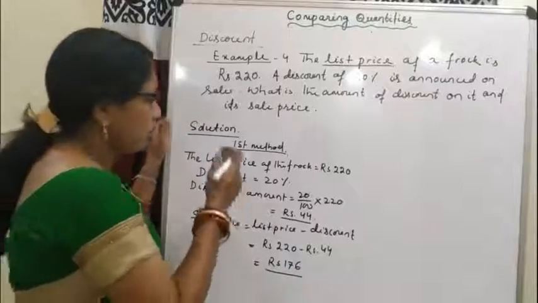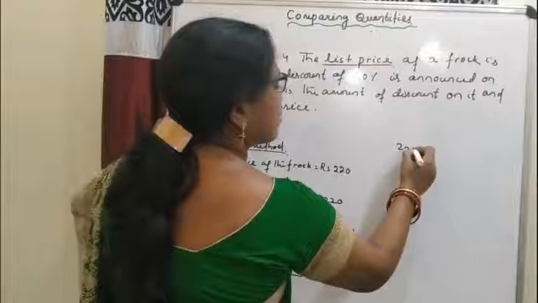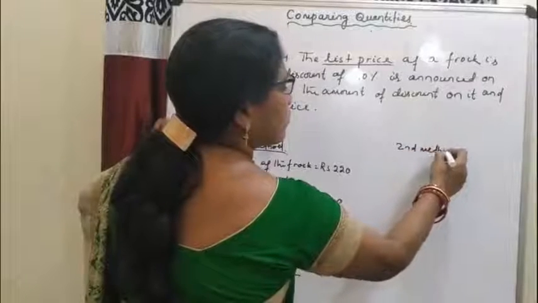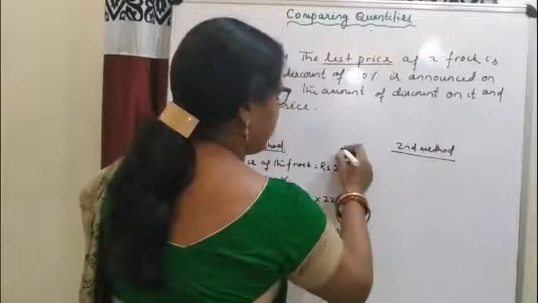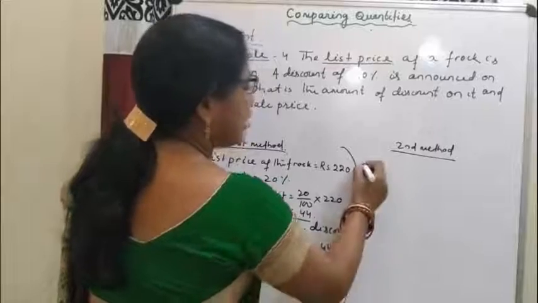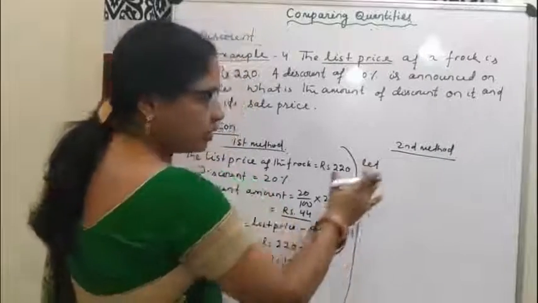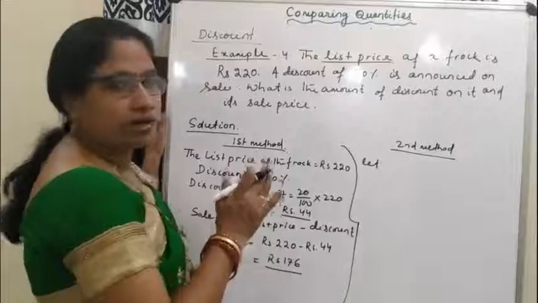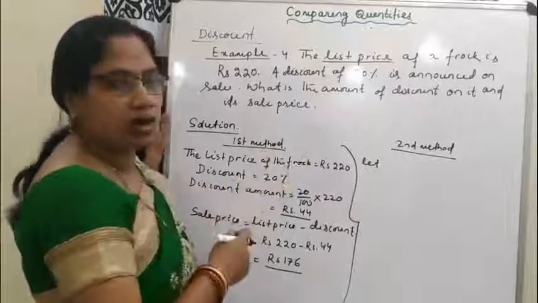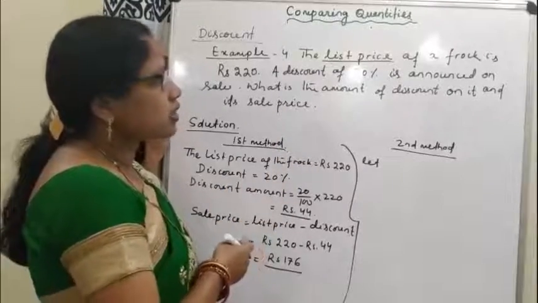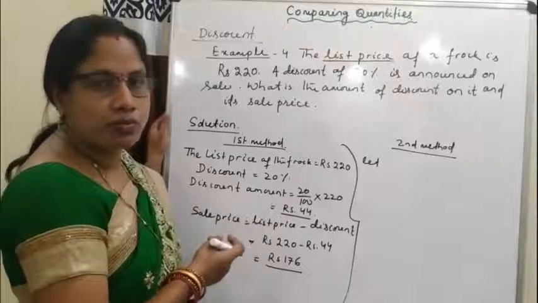Let us solve it in another method. In this method we have to take the list price as rupees 100. So 20% discount means the amount of discount is rupees 20.